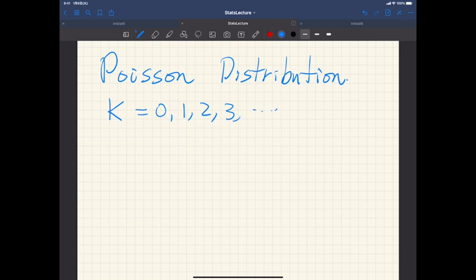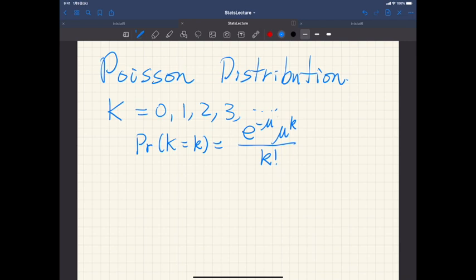Then, if this random variable follows this distribution given by this function, then we say this random variable follows the Poisson distribution with parameter mu.